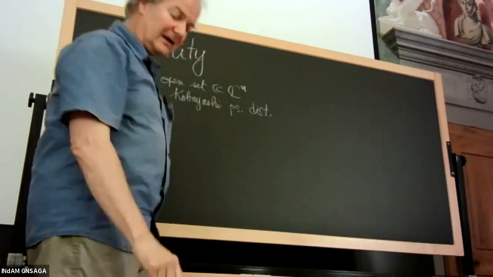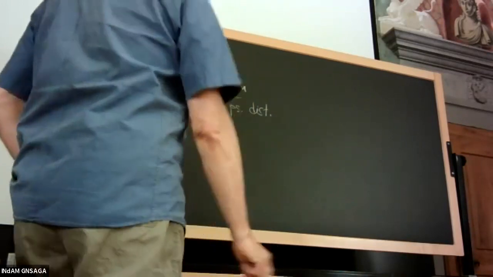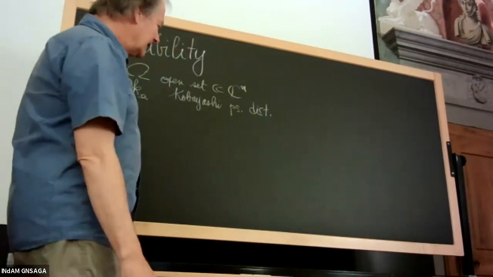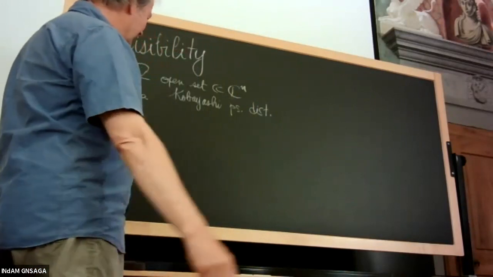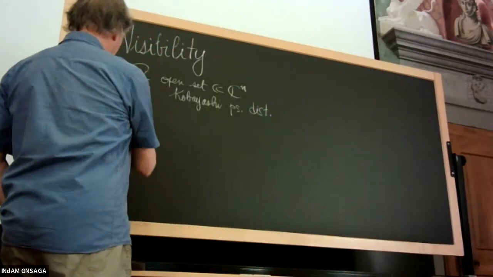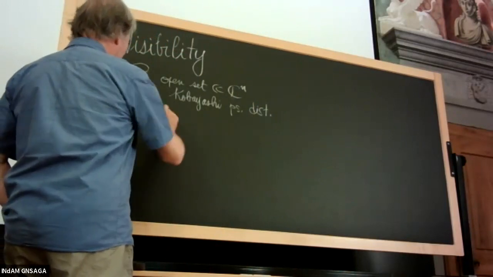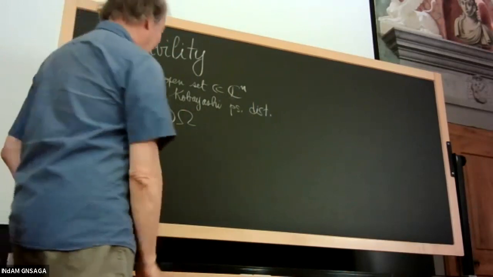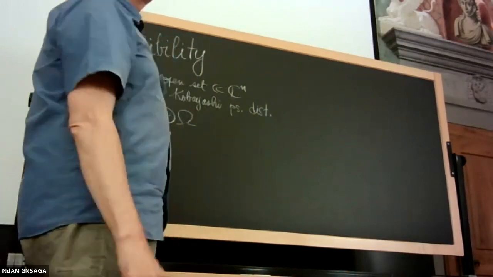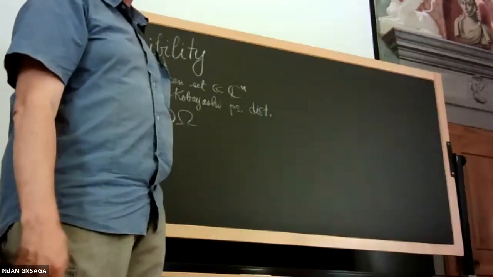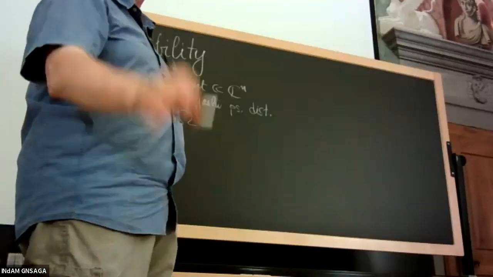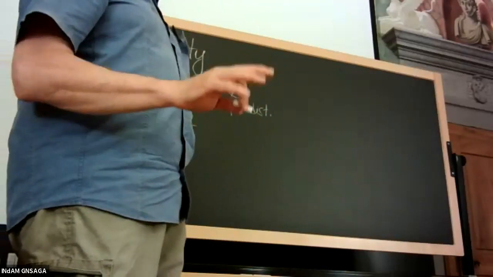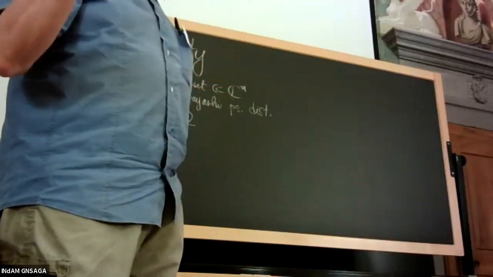But of course, the definition is good in any geodesic metric space. What's visibility? We have two points P, Q on the boundary of a metric space. And for me, I am very naive, this is a sort of peasant talk. I'm sorry. Those are points in the embedded Euclidean boundary.